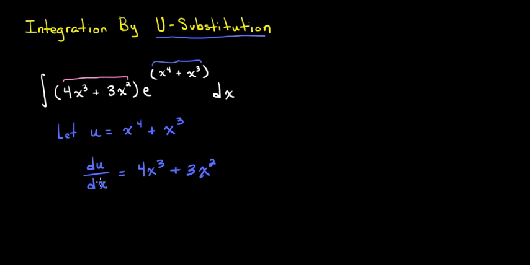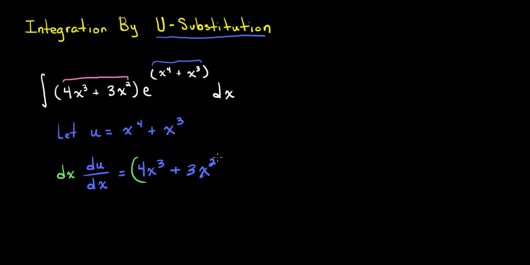This du over dx, you can kind of think about it as a fraction. I mean, this is not by any means a fraction. This is the derivative of u with respect to x, but you can kind of think about it as a fraction, and if you were to, you could actually multiply both sides by dx.